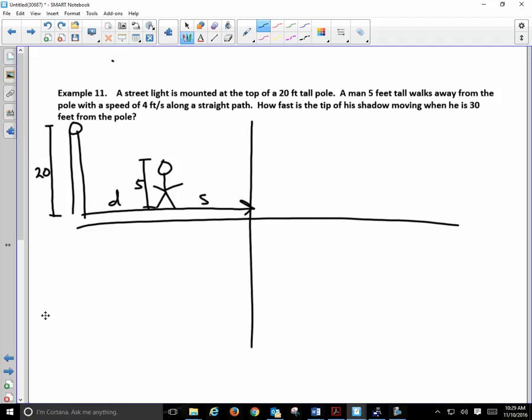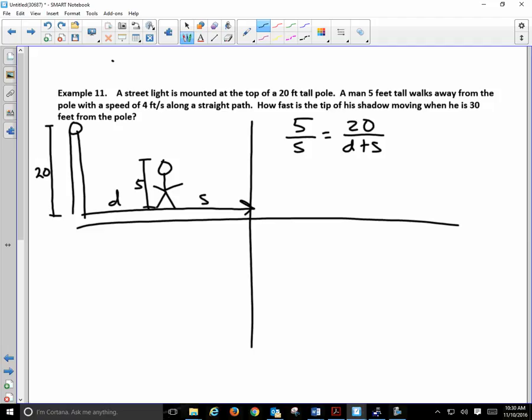So I need a formula. Who's got something for me? Yes, proportions. Thank you. Close. 5 over S is equal to 20 over D plus S. Now, if I were to take that derivative, what rule would I have to use?